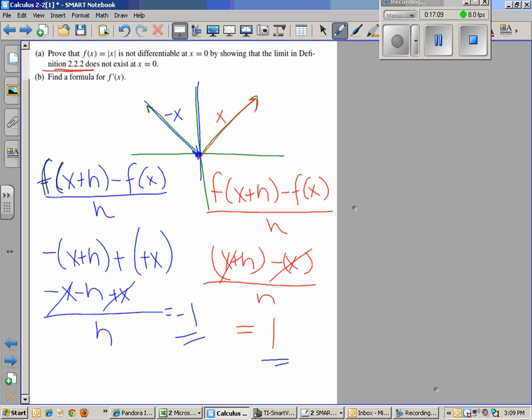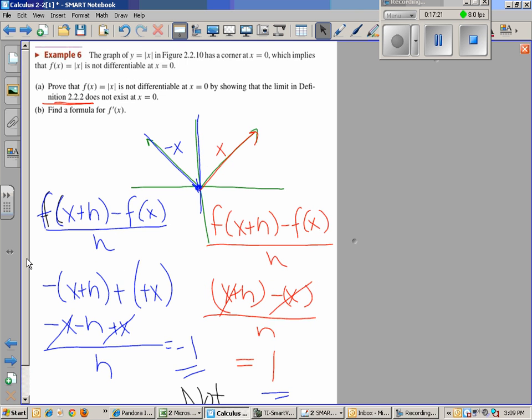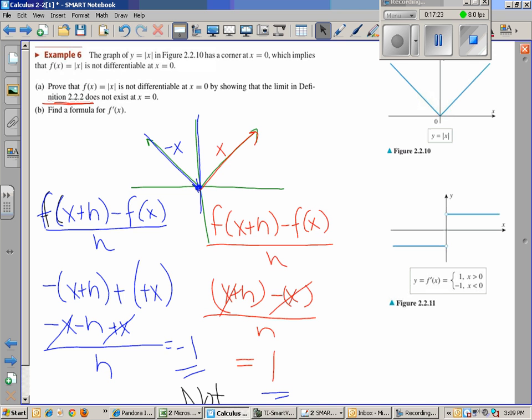Negative 1 and 1 are not equal, therefore that function is not differentiable at x equals 0. It means I cannot take the derivative there. In the blue side, you're constantly negative 1. On the red side, you're constantly at positive 1. Those are never going to be equal at x equals 0, and therefore not differentiable.